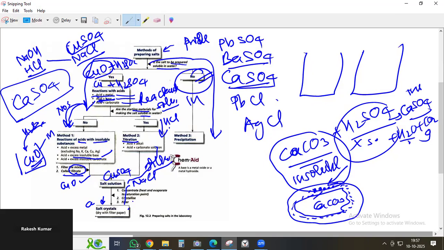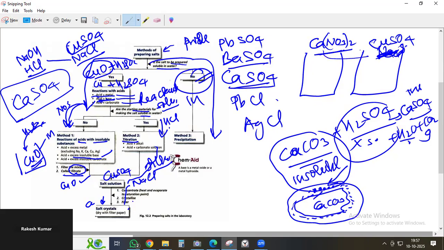You can take Ca(NO3)2 solution, and for sulfate, Na2SO4. But sodium is very reactive, so for CaSO4 you will have to take something less reactive. You can take CuSO4. So this way it will become CaSO4 plus Cu(NO3)2.